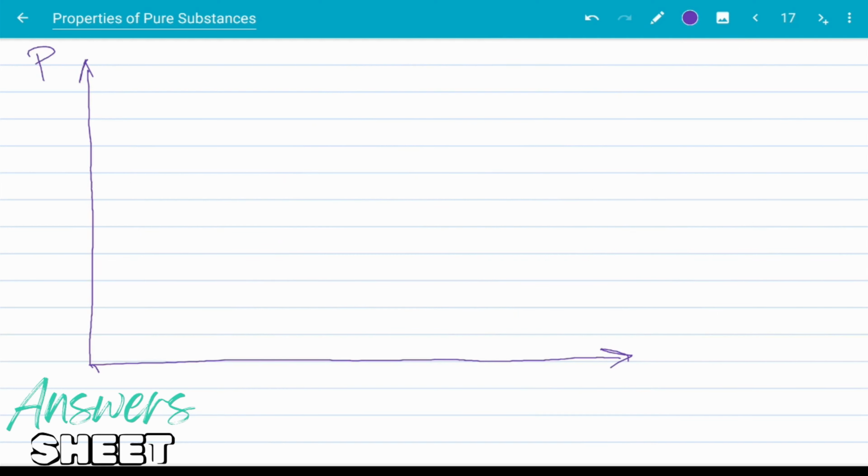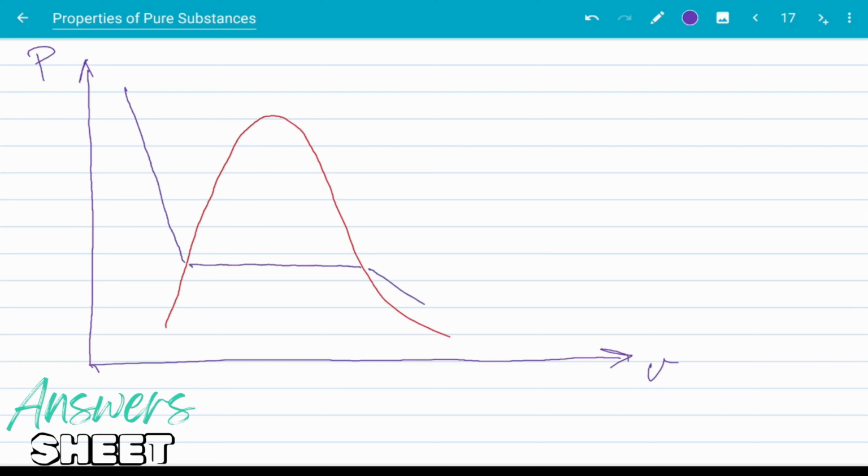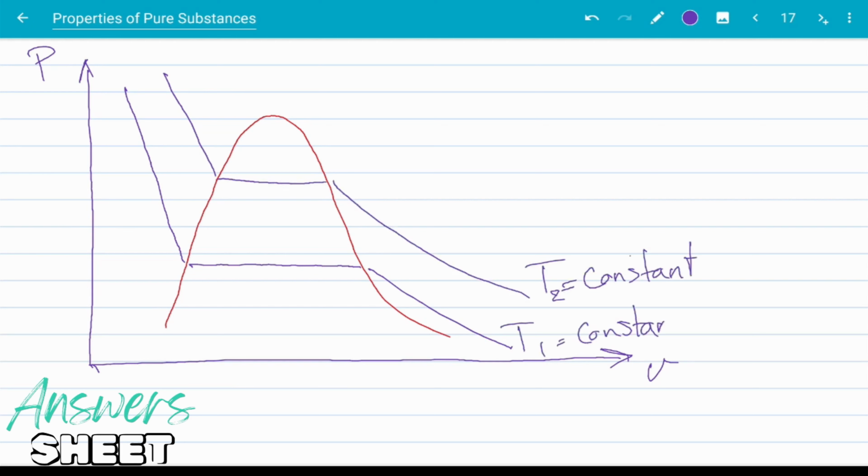We can draw the data on another pair of axes. We can put pressure and specific volume here, and then get more or less the same dome. Now, in this diagram, the constant temperature lines are like this. Again, this side is compressed liquid. This is the critical point. This side is the superheated region.